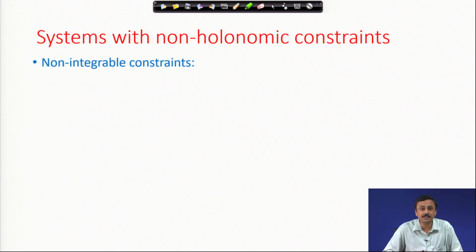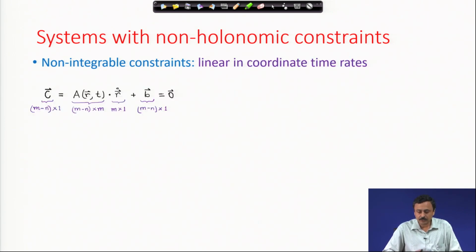So, non-integrable in the sense that they involve the rate of change of coordinates, and that cannot be integrated out. We will consider systems where the non-holonomic constraints are linear in the generalized velocities. So, they are linear in terms of the coordinate time rates.